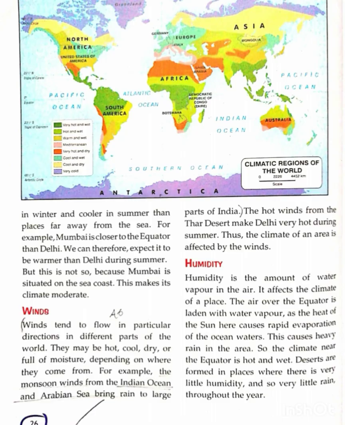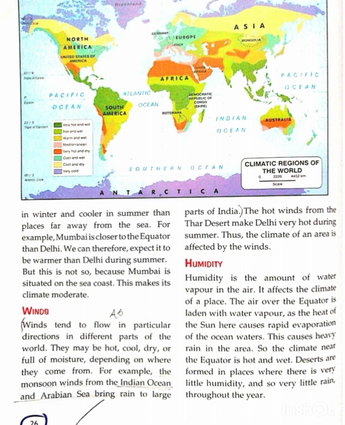That means the places situated near the sea are warmer in winter and cooler in summer than the places far away from the sea. So the concept should be clear.